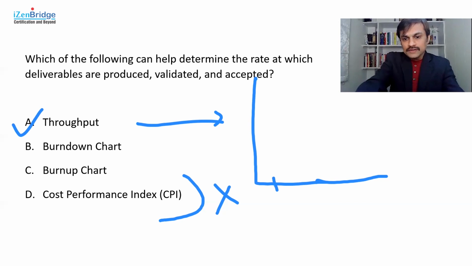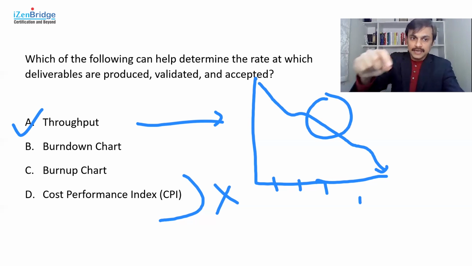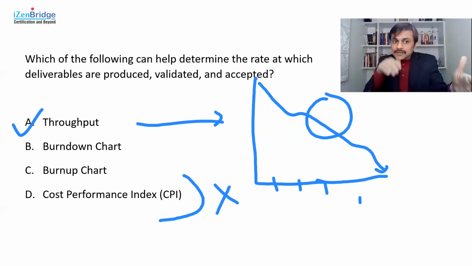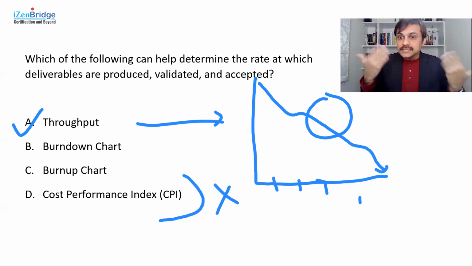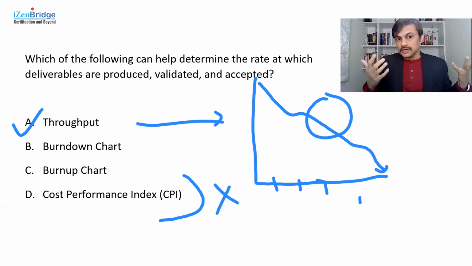So if you have time here and you see the chart is coming down like this, it is showing how the remaining work is getting reduced. And this particular slope does help us in identifying a possible rate at which deliverables are produced, validated, and accepted. Because if you are measuring the burn down chart at story point level, then this can indicate the number of produced, validated, accepted deliverables as well.